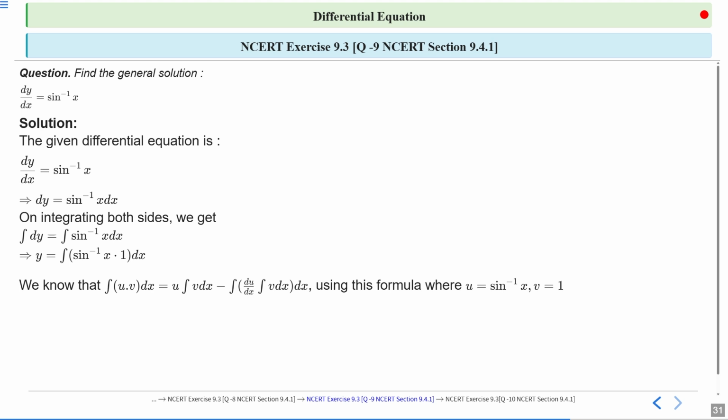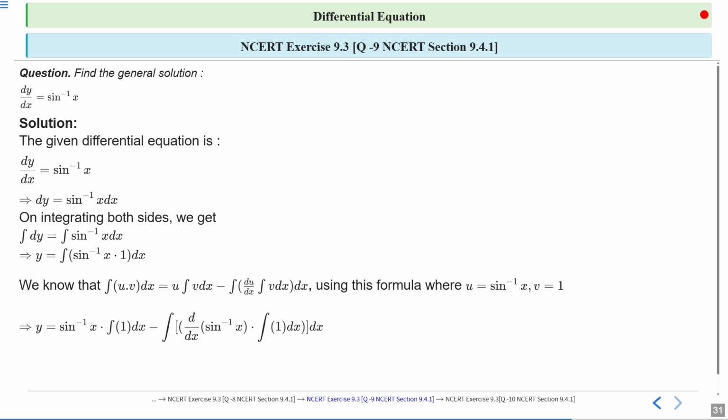Why do we choose in this way? Because if you observe in this by parts formula, we have to integrate function v and we have to differentiate u, and the integration of sine inverse x is difficult compared to 1. So we choose sine inverse x as u and 1 as v. We can also use the ILATE rule to find which function we have to choose as u and which function we have to choose as v.